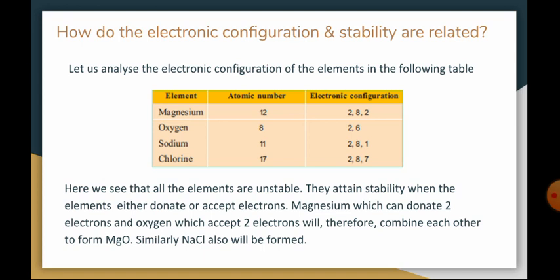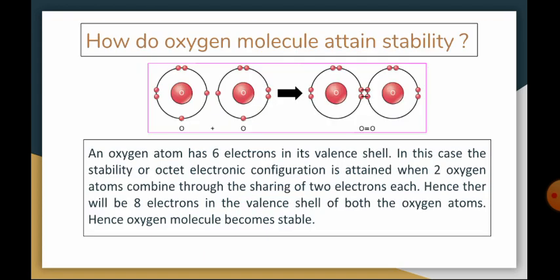Till now, we have discussed the molecule formation of two different atoms. Next, we can discuss molecule formation of two similar atoms. For example, the oxygen molecule. An oxygen atom has 6 electrons in its valence shell.